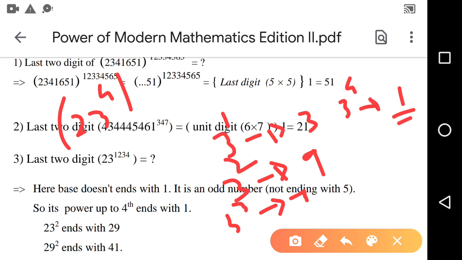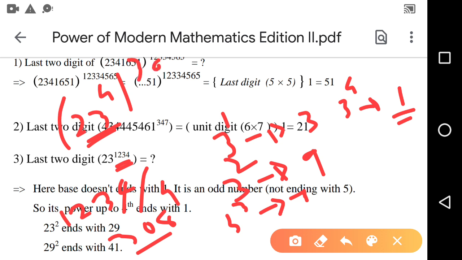So now, this number ending with 1, we have to raise to a power so that it becomes 1234. So 1234 divided by 4 gives 308 as the quotient.